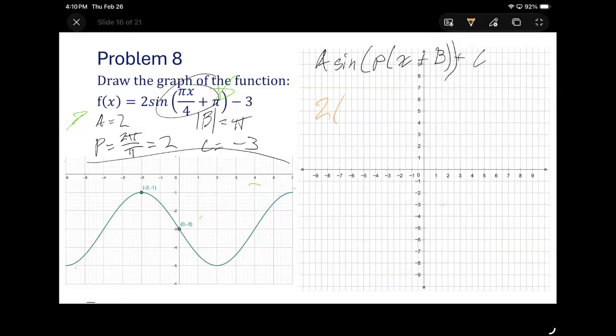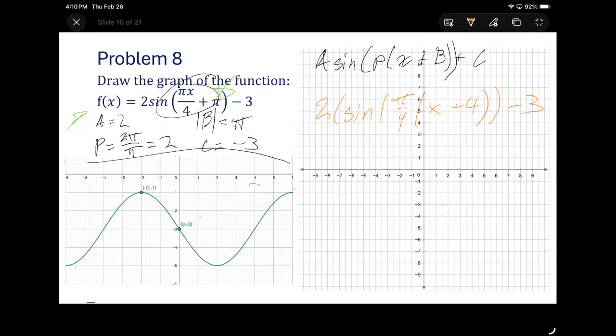Okay, so we have 2 sine, and then we'll factor out that pi fourths. We're going to have to multiply that pi by the reciprocal of pi fourths, which will give us x plus 4, minus 3. That was right, correct?